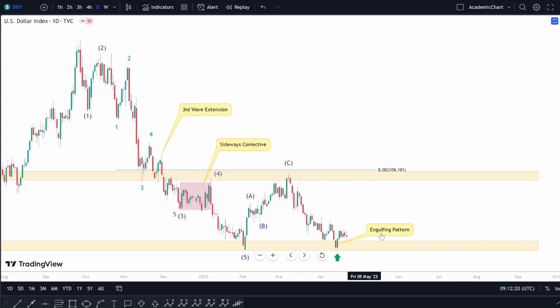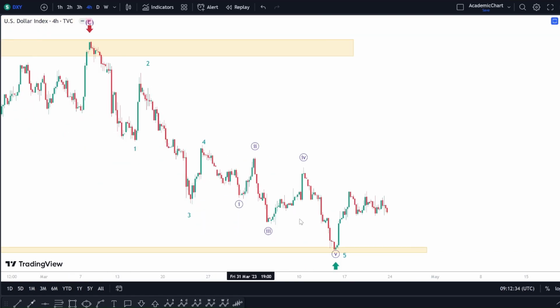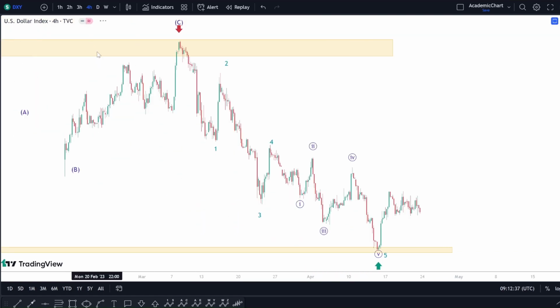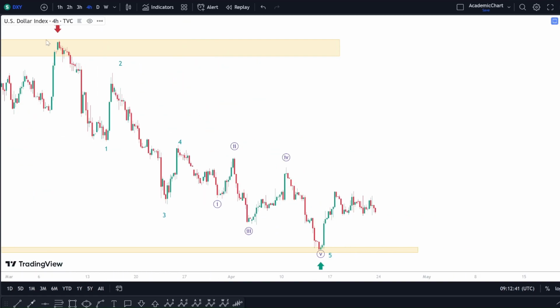However, we detected this engulfing pattern almost on the support zone last week, from which we expected an uptrend reversal, which we are going to discuss in detail. By jumping into the hourly chart, taking a closer look at this downtrend, we are seeing that after this ABC, the price just reversed with an impulsive wave 1, 2, 3, 4, 5, where the fifth wave is an ending diagonal itself.